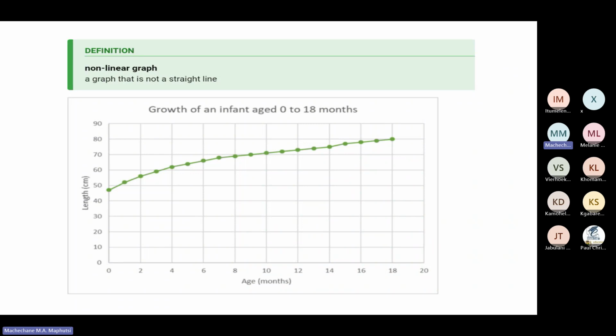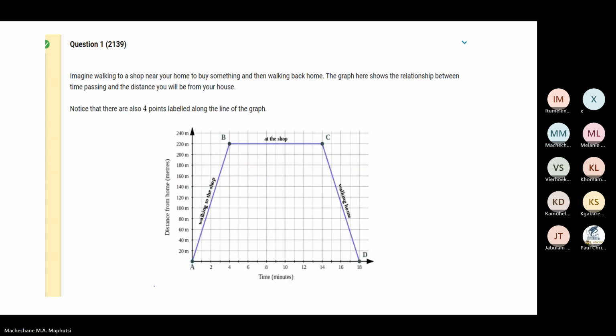We have straight line graphs, we have non-linear graphs. So when we look at this one, that was showing the growth of an infant age between 0 and 18. You can see that it is not a straight line. So this graph represents a non-linear graph.